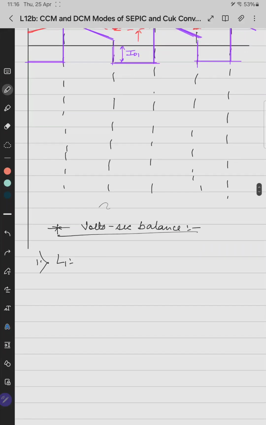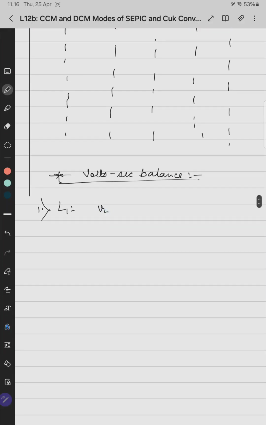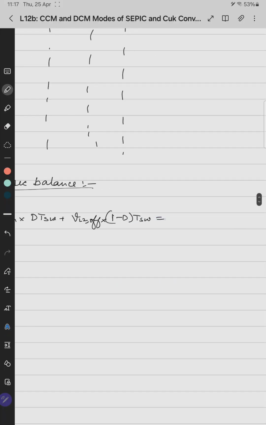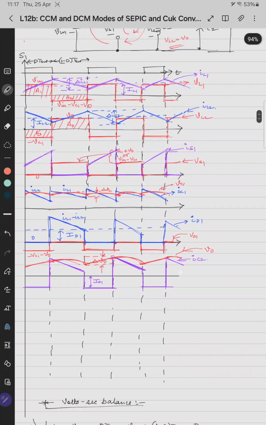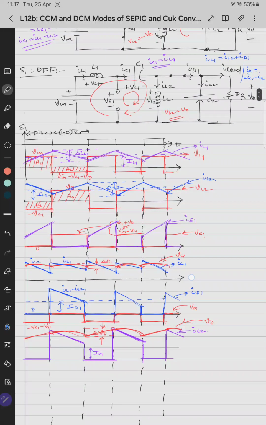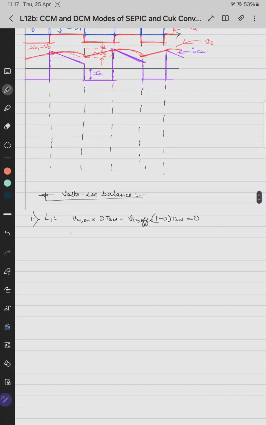This will be what? VL1 during on into D into T switching plus VL2 during off into 1 minus D into T switching should be equal to 0. What is VL1 on? VL1 on is Vin. So Vin into D, so T switching gets cancelled.